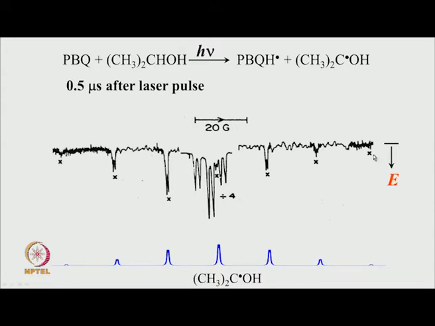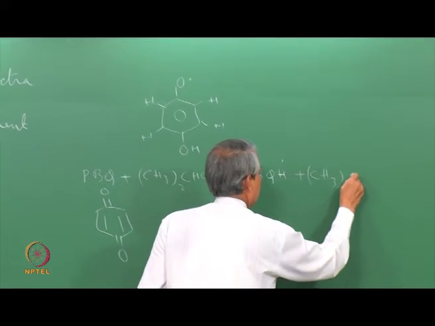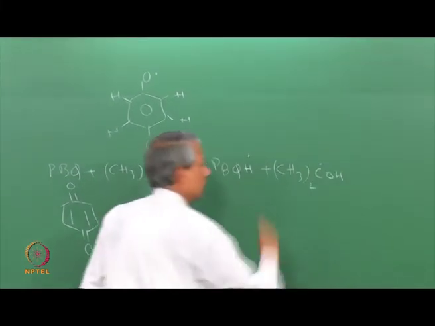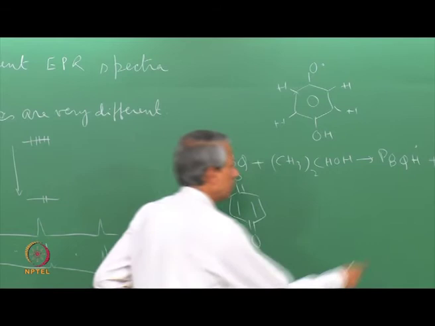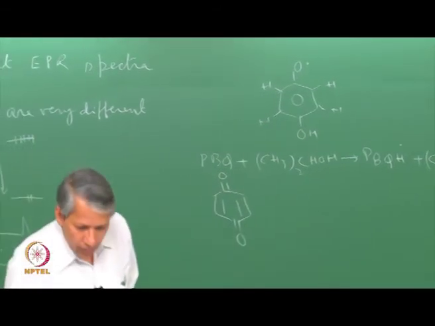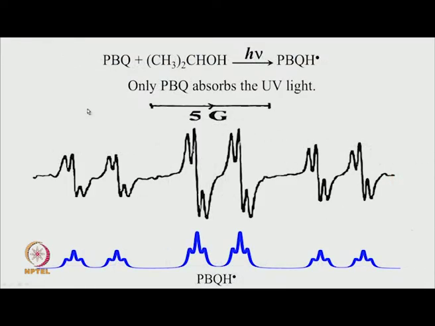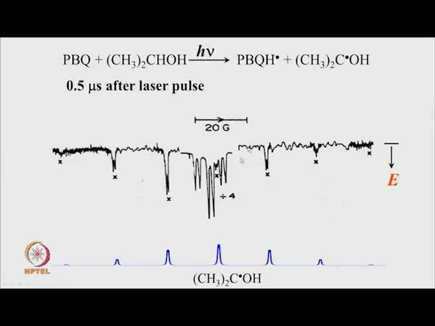So, that means this time resolved spectrum shows that the other radical is this one. The steady state spectrum did not show this, and this doublet and this doublet are the 3 doublets corresponding to this radical. You notice the scale here: this much is 5 Gauss and here this much is 20 Gauss. Naturally, it is compressed here.